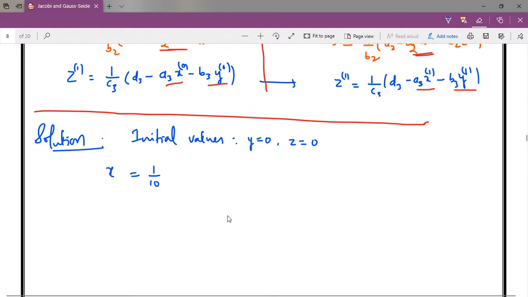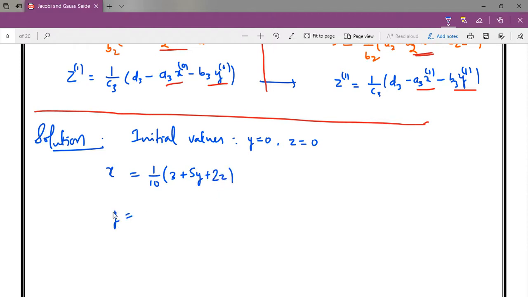So what is the expression for x? Expression for x is x is equal to 1 by 10 into 3 plus 5y plus 2z.